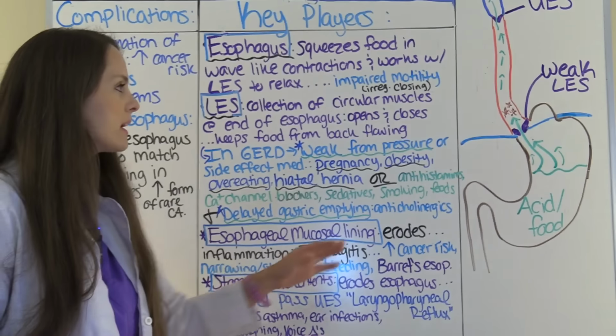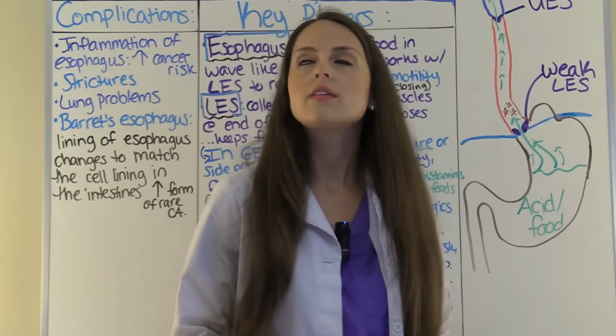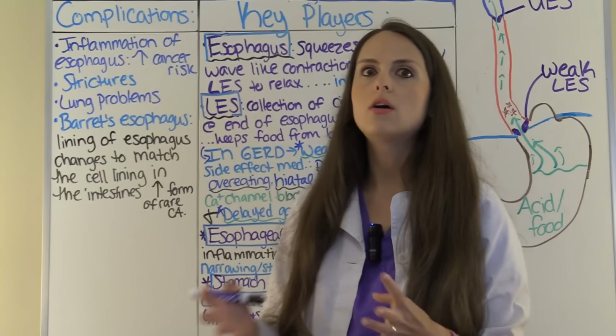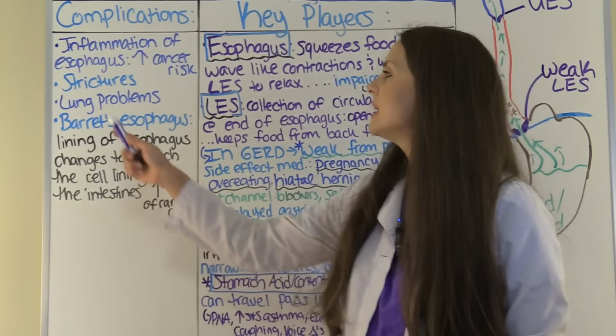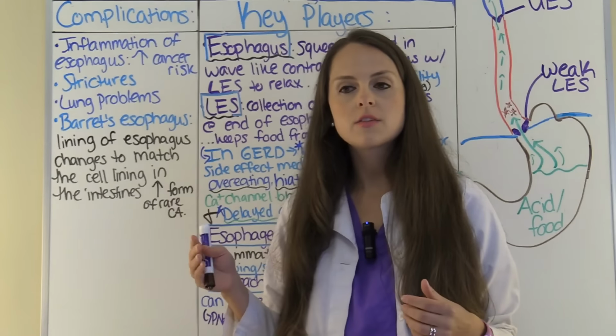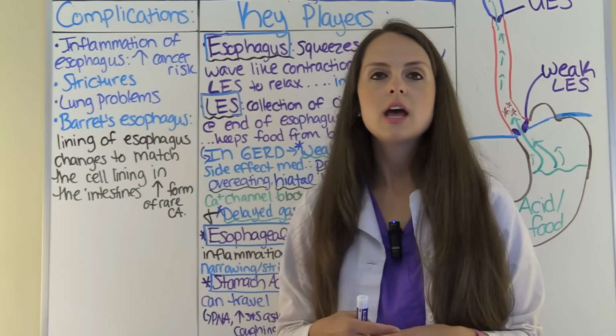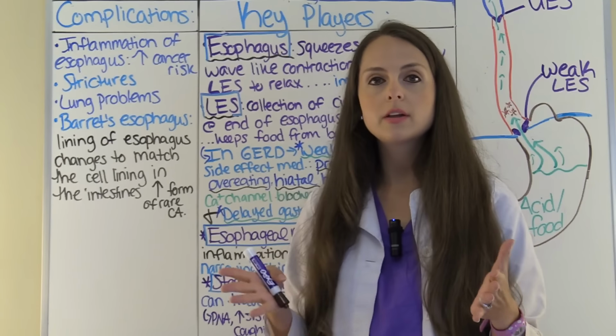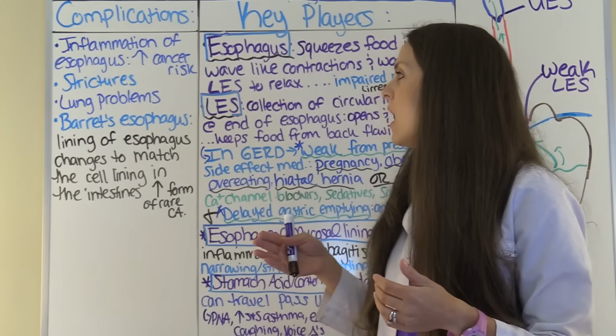Also, there are other complications due to all that chronic inflammation. They can get strictures, where you have narrowing of the esophagus from all that chronic inflammation causing scar tissue to build up over time.